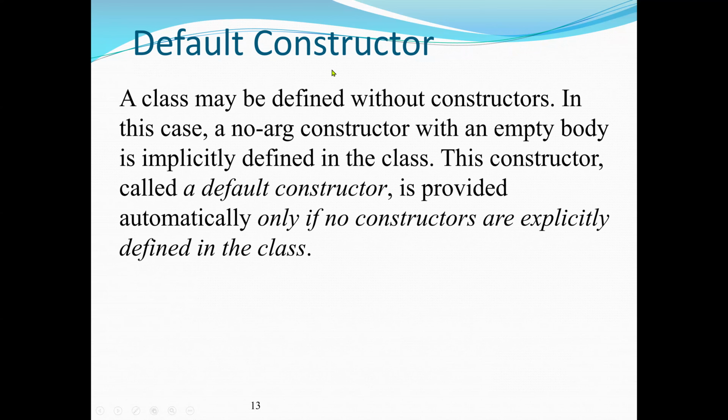So we say default constructor, as we said many times already, a class may be defined without constructors. Then automatically the default constructor will be called. So in this case, a no-argument constructor with an empty body is implicitly defined in the class. So here we say a class may be defined without constructors.